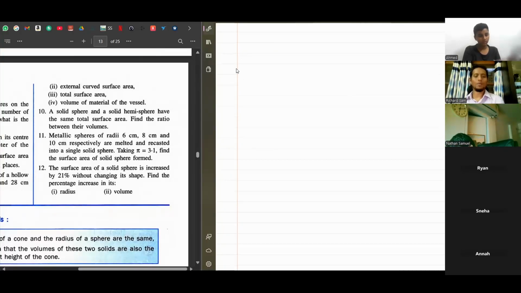Next, volume increase. So we need to find the increase in volume. So volume of the small divided by volume of the big is what we have to find. A ratio. Volume formula is what? 4 upon 3 pi small r cube divided by 4 upon 3 pi capital R cube. Cut off all the 4 by 3 pi's. Okay, we have the r's. So volume of small to volume of big will be 10 cube upon 11 cube.